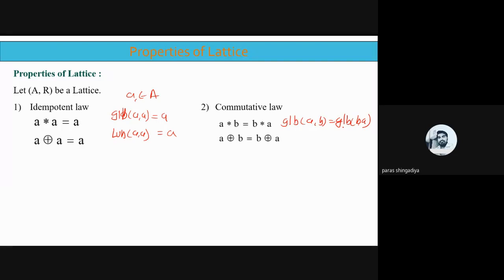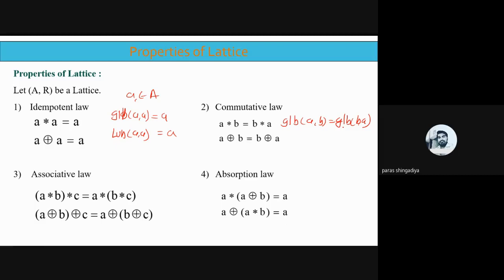GLB of 5 comma 15 is the same as GLB of 15 comma 5. So A star B should be B star A, and A ring sum B is equal to B ring sum A, meaning LUB of A comma B is the same as LUB of B comma A. Both answers will always be the same in any case. So the second law is commutative.